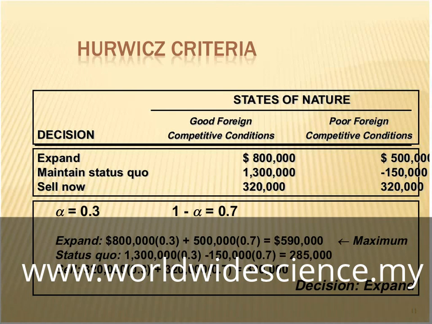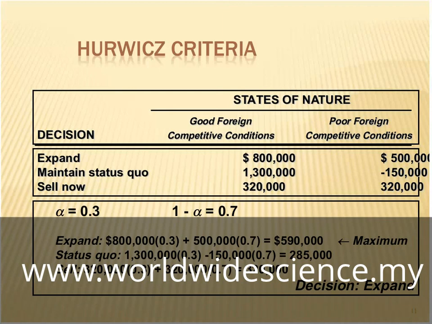Okay. In this method, you should multiply. You have allocated, for example, the operation manager in this example has allocated 0.3 to good firing competitive and 0.7 to poor firing competitive.